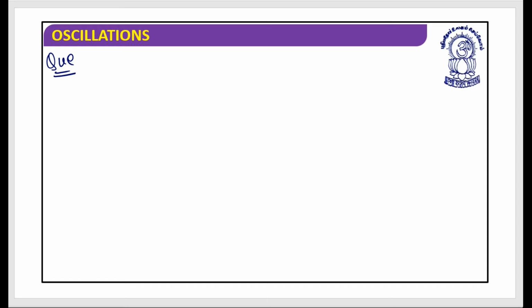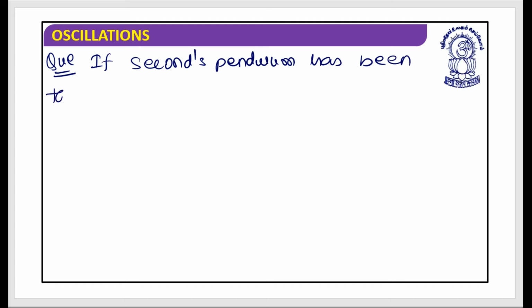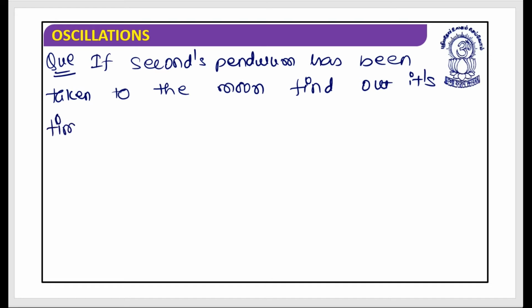Let's suppose the question is, if a seconds pendulum has been taken to the moon, find out its time period.